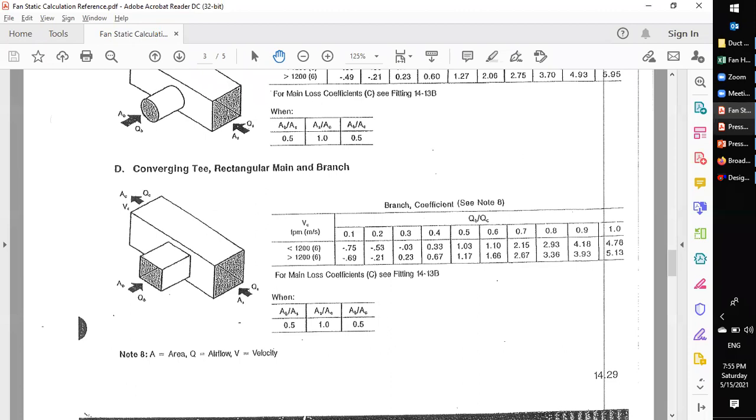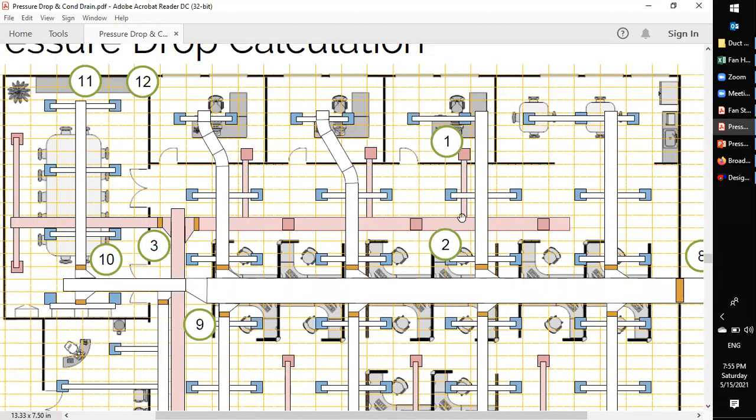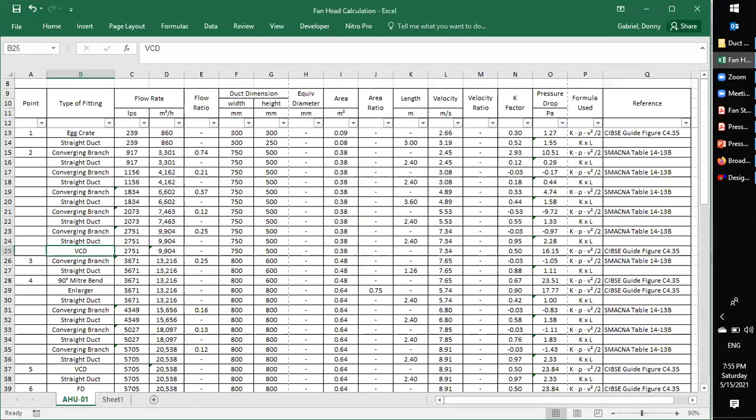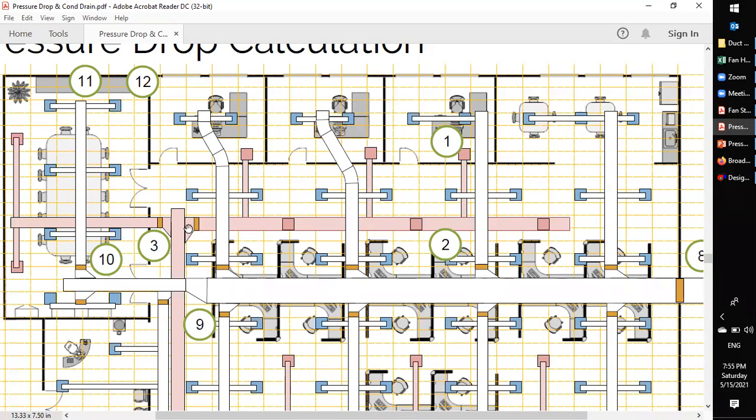We can see here on our drawing, this is our converging T at 0.2. So that's the first converging T, 0.2, and the VCD converging T at 0.3. This 0.3 is referring to this point.